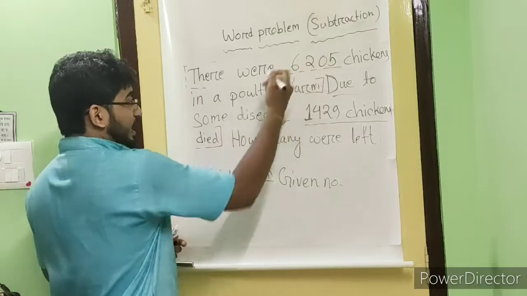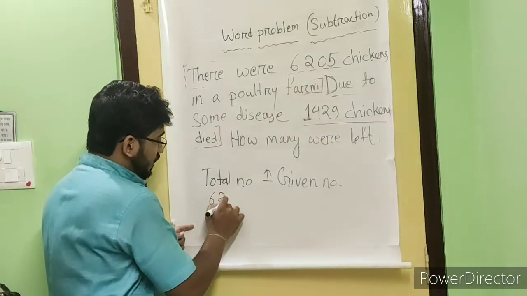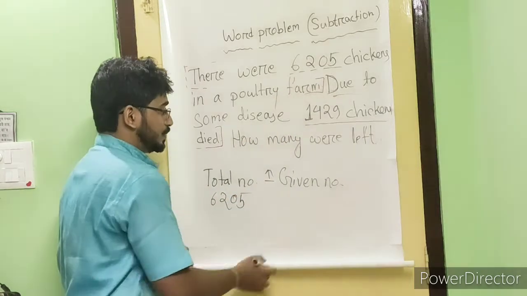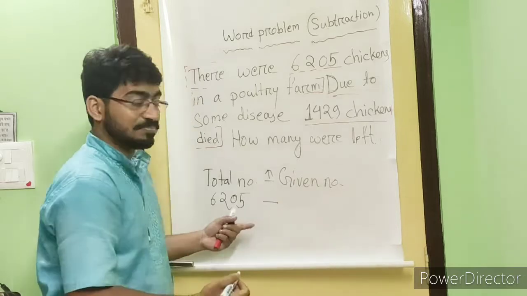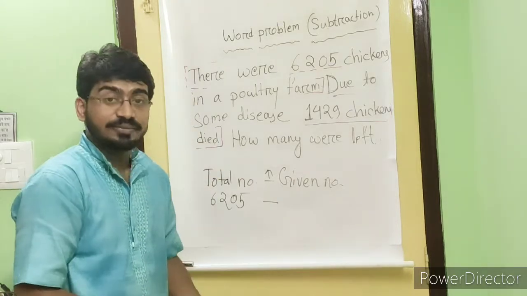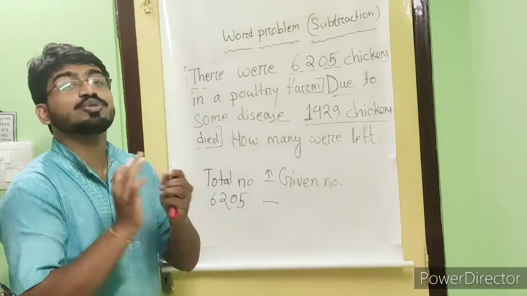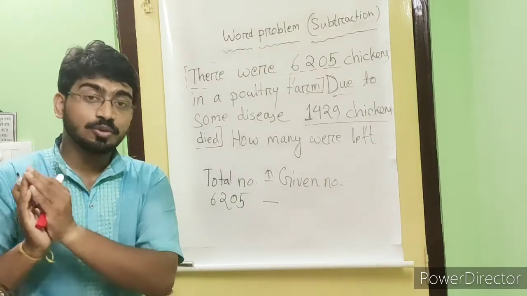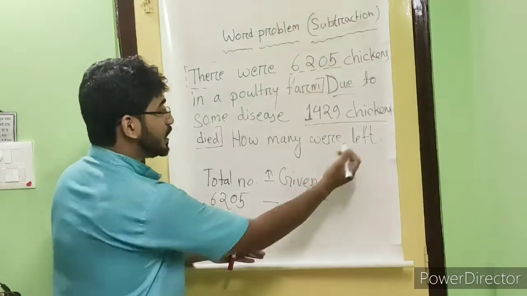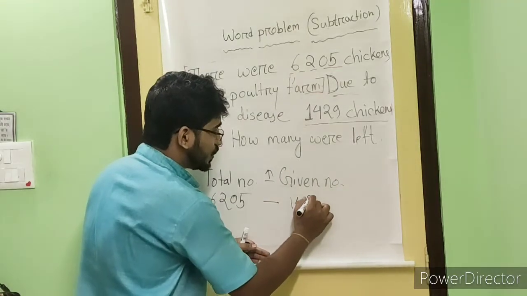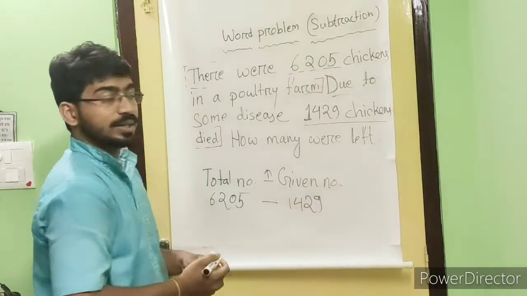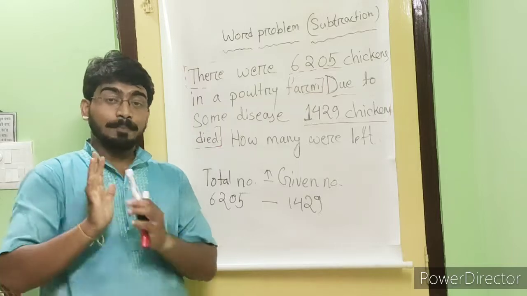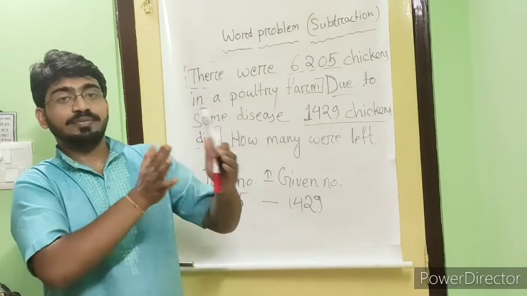So here the total number of chicken has been given to you, and after that died, that means মারা গেছে, and after that given number, মানে কতজন মারা গেছে, এক্ষেত্রে given number of chickens who died. So given number of chicken who died, that means 1,429. এটা হচ্ছে কি বাই প্যাটার্ন we are solving the case.